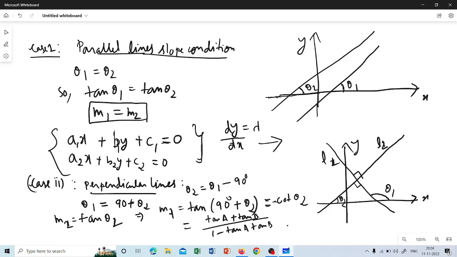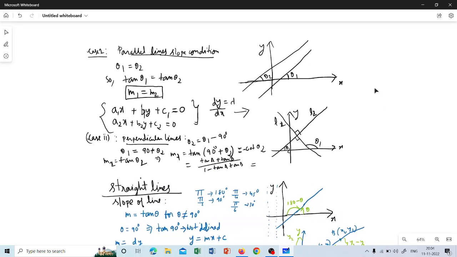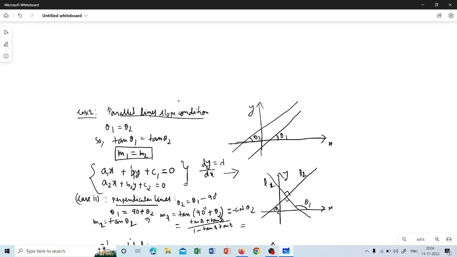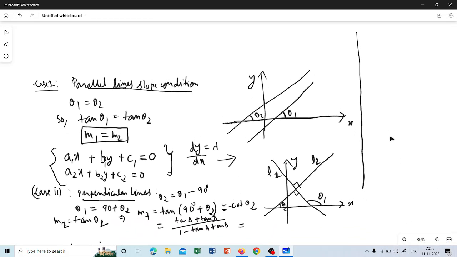Now from trigonometry, you might be aware of the relation between tan theta and cot theta.